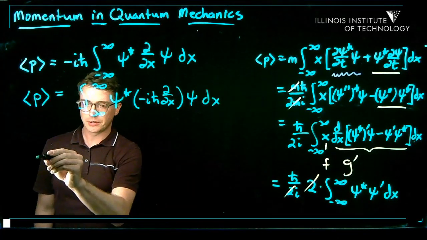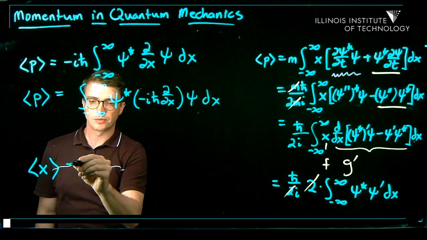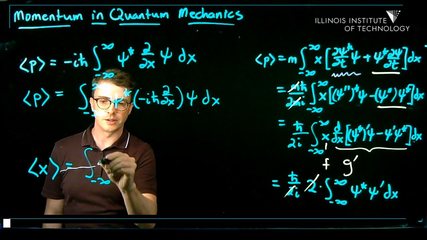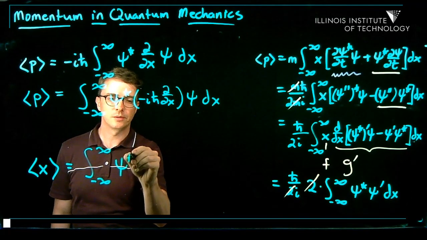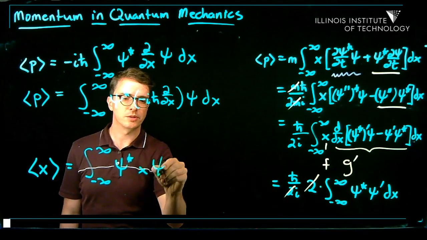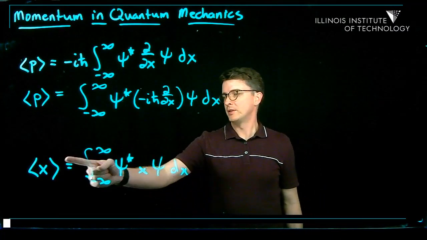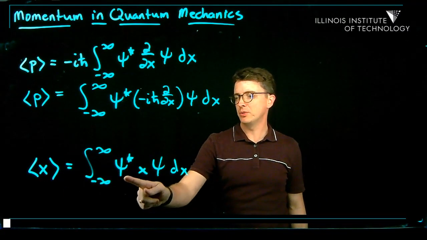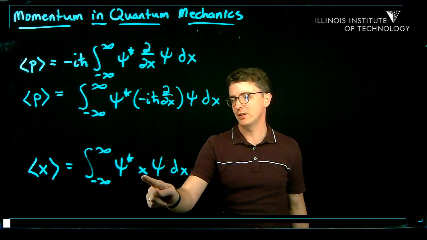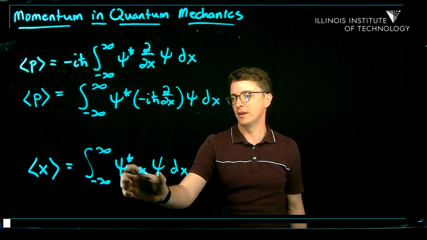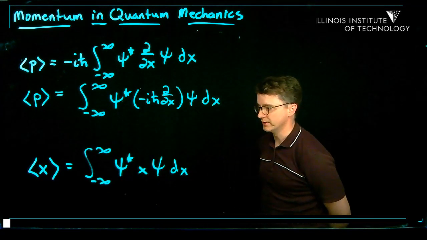What I want you to do is compare this with the average x, which we had before: the integral from minus infinity to infinity of psi star, x, psi dx. So compare these two. To find the average position, in between psi star and psi, I sandwich x, and then I do an integral from minus infinity to infinity.